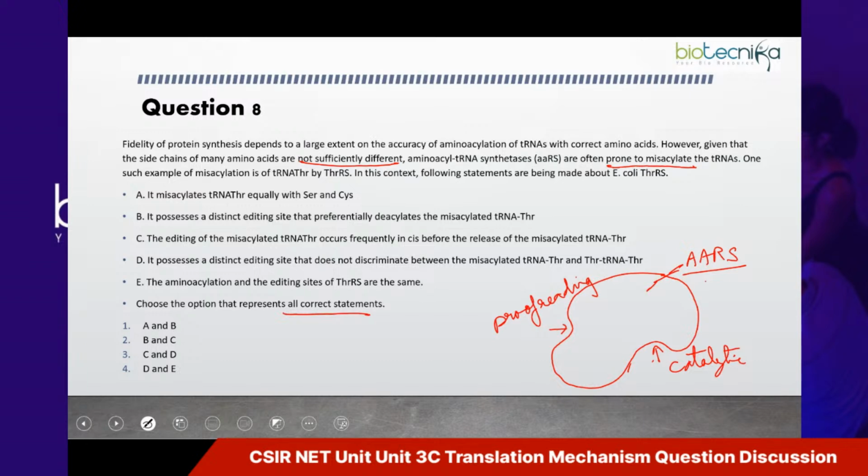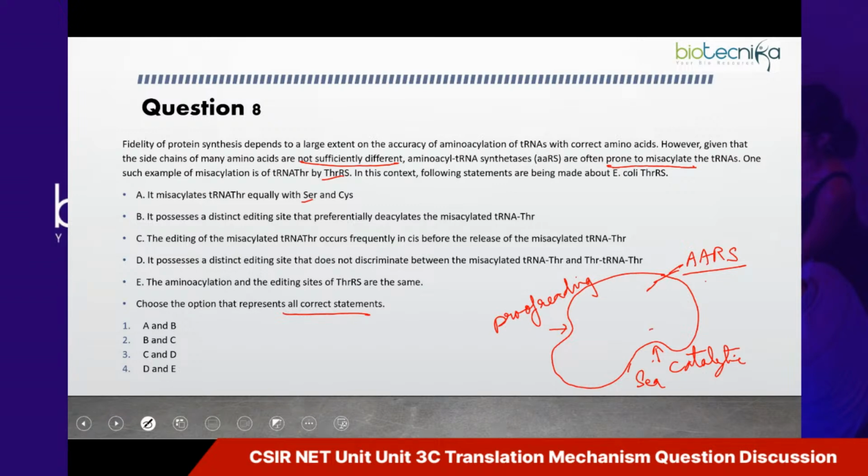Now if you take two drastically different amino acids, like tryptophan and glycine, they are so different that there cannot be any confusion. They cannot go into each other's catalytic site. But confusion can happen if the amino acids have similar side chains, for example threonine and serine. Since threonine and serine have such similar side chains, it is possible that in this threonyl-tRNA synthetase, the serine enters the catalytic site instead of threonine.